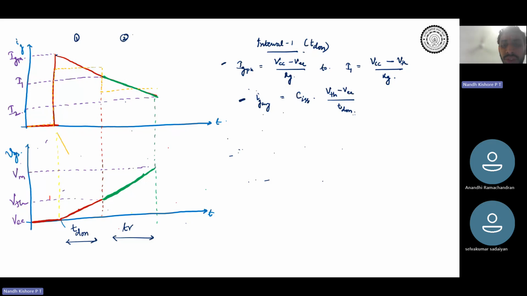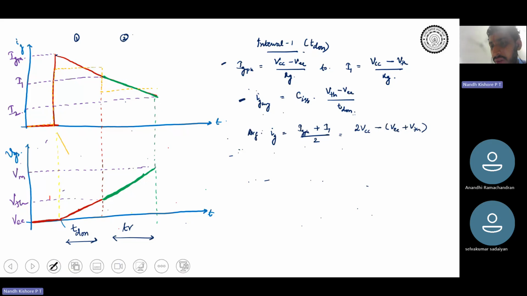Okay. So the average is what? Average IG is basically IG peak plus I1 by 2, right? So this is 2 VCC minus VEE plus V threshold divided by RG, right?